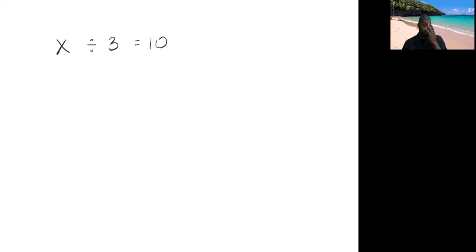So the question is, what number divided by 3 will give you 10? So what we can do is simply say, what's the inverse of the operation I see here? Well, I have division. The inverse, or the opposite, of division is multiplication.